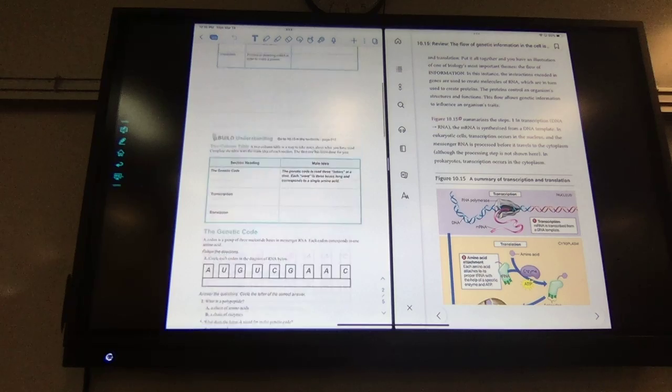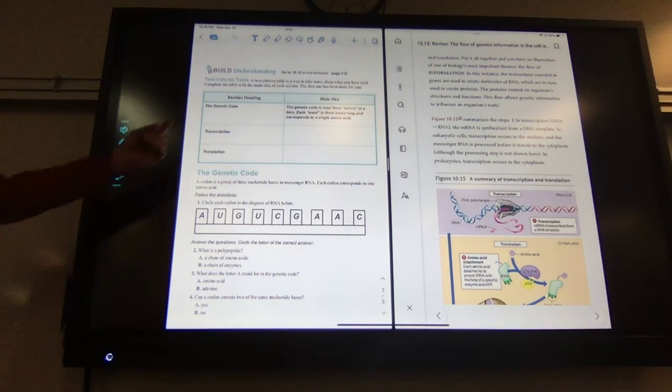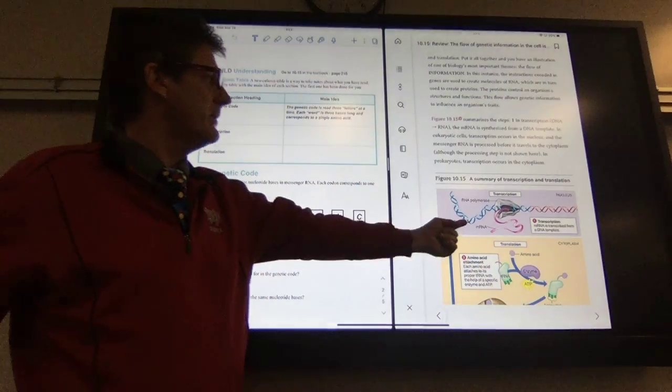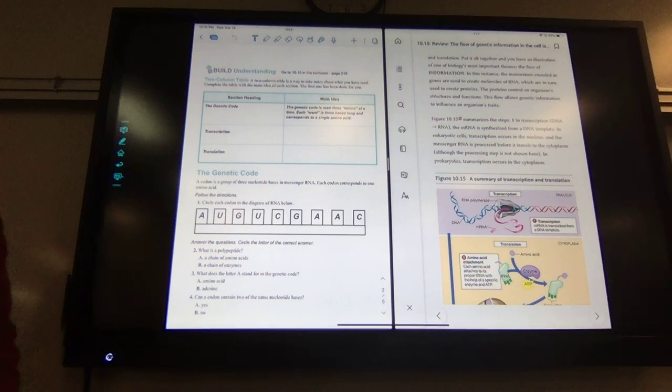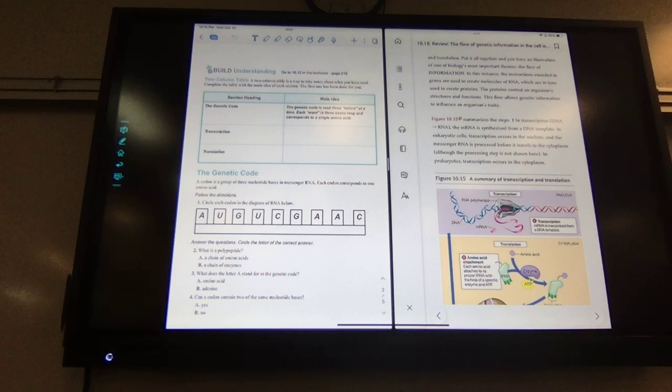Let's go down to the second page, the top of the second page. It says go to Chapter 10, Section 15. That's where we're at. We're going to summarize what transcription and what translation is in this box.